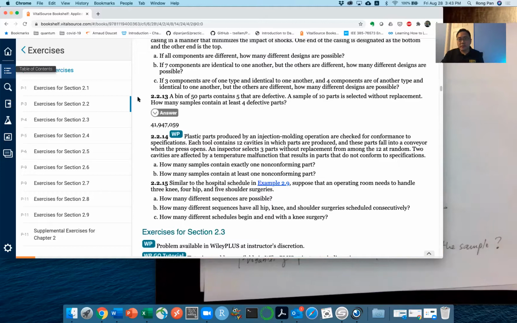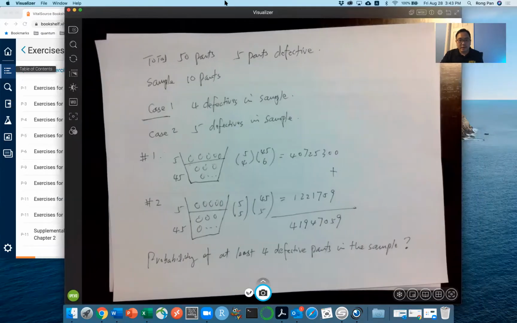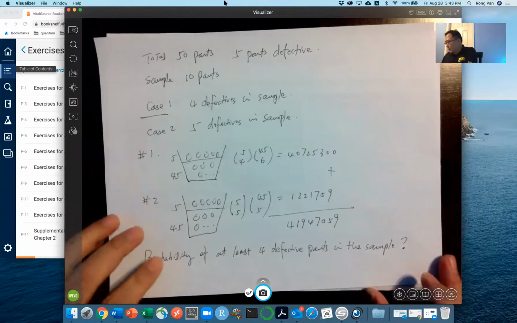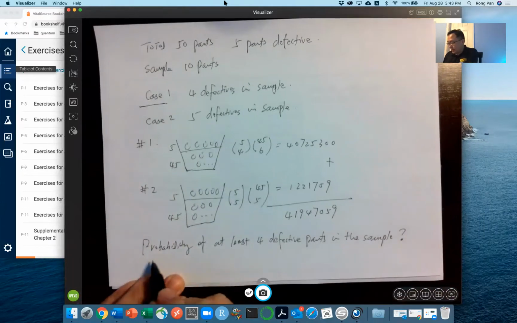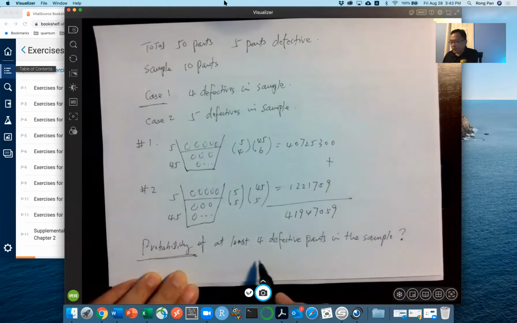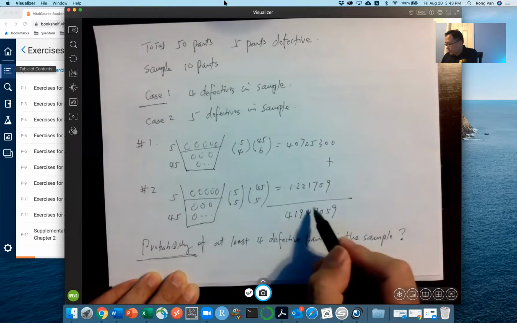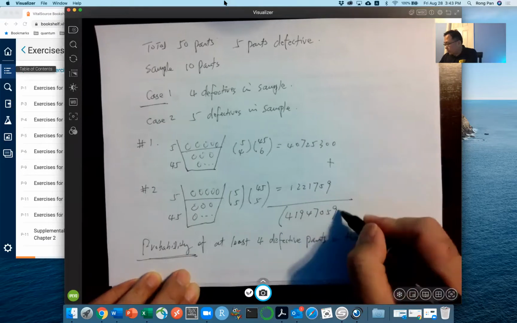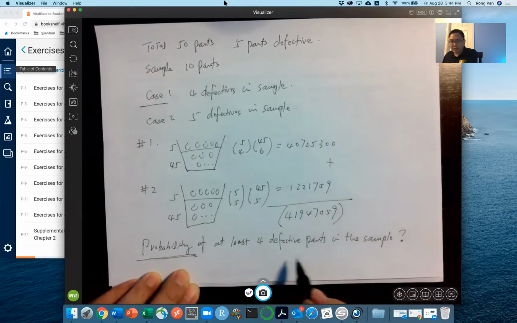I want to calculate the probability of at least 4 defective parts in the sample. Okay. And we already calculated this number. This number is how many ways we could have at least 4 defective parts in the sample.